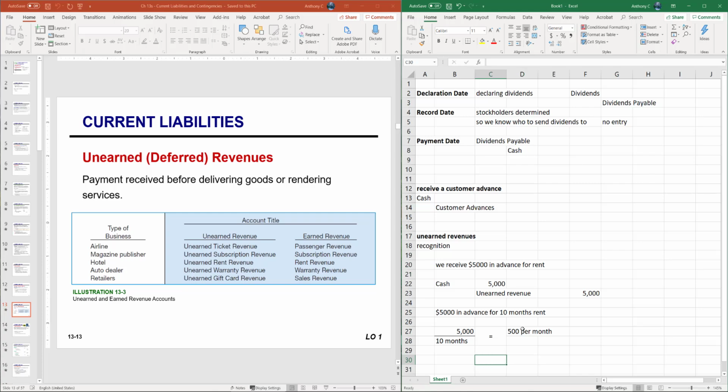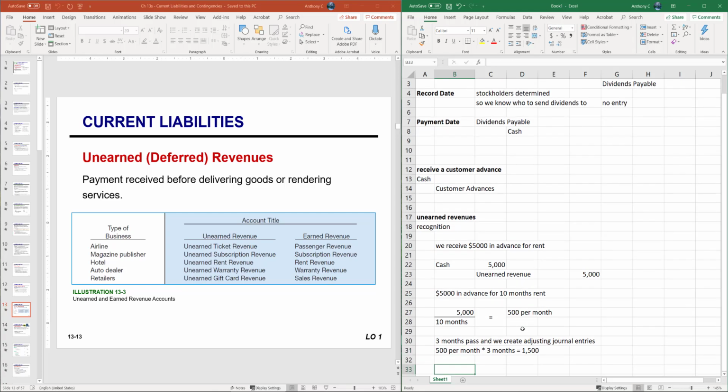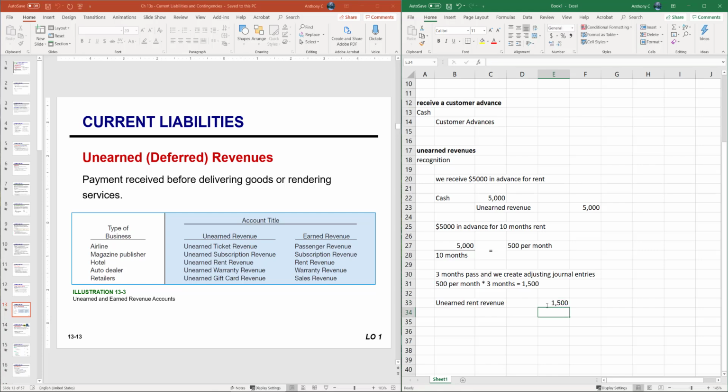Let's say 3 months pass, and we're going to create adjusting entries. That means we've now earned 3 months of rent, so $500 per month times 3 months equals $1,500. After 3 months pass, we can now reduce our unearned rent revenue by the amount that we've earned, and then we'll recognize that amount as revenue.